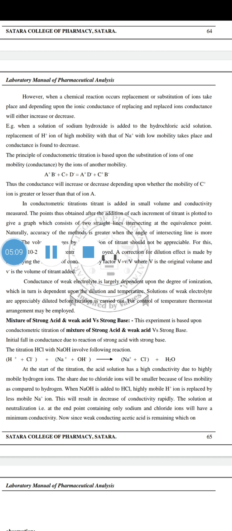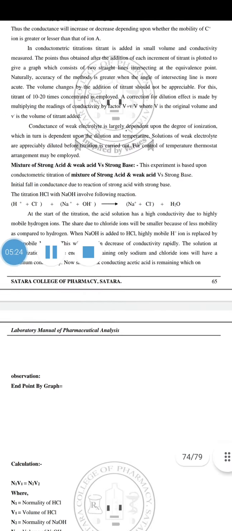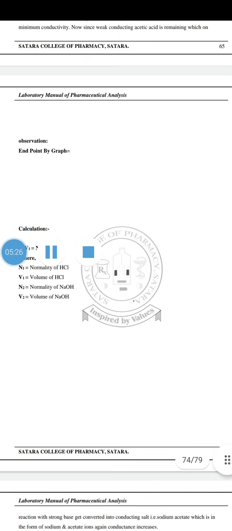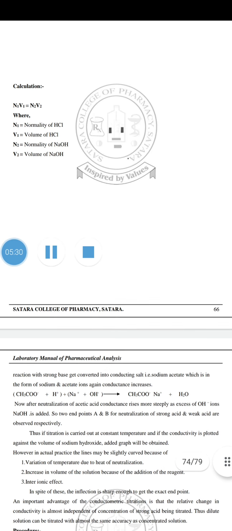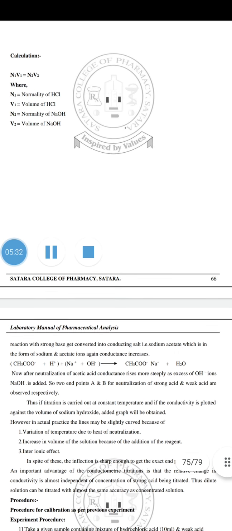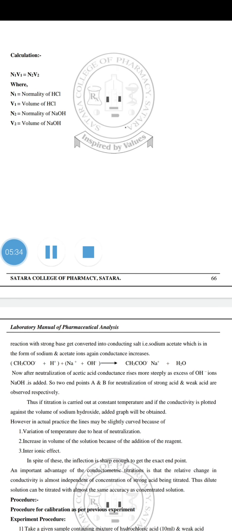The solution at neutralization, that is at the end point, containing only sodium and chloride ions, will have a minimum conductivity. Now the weakly conducting acetic acid remains, which on reaction with the strong base gets converted into a conducting salt, sodium acetate, in the form of sodium and acetate ions.